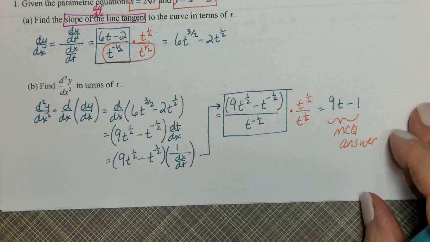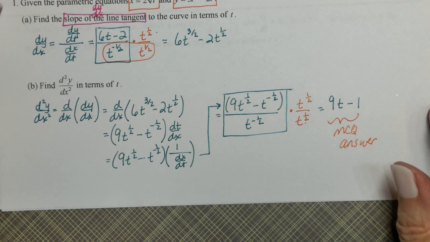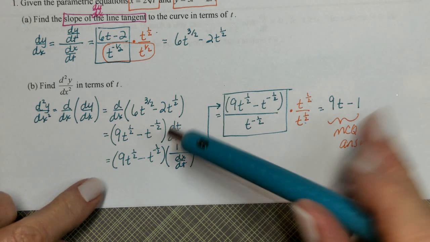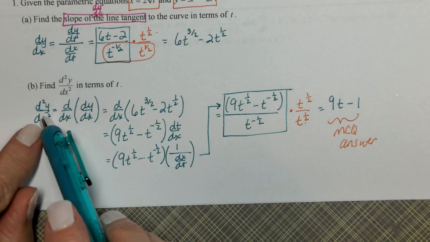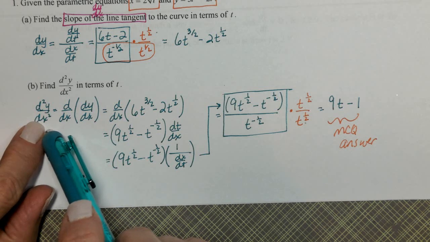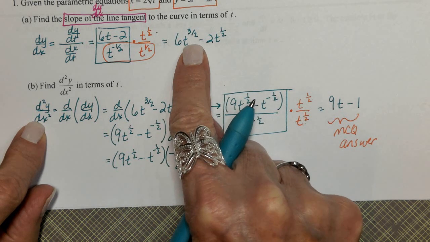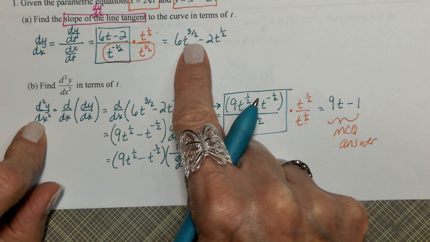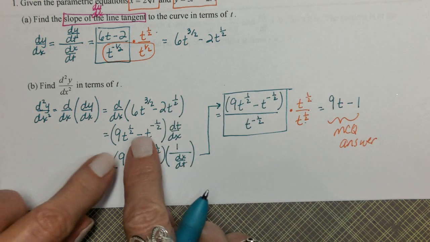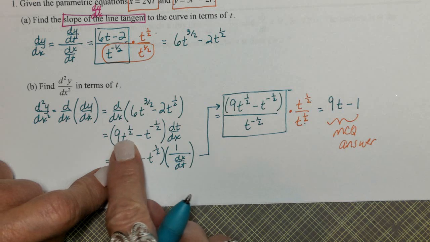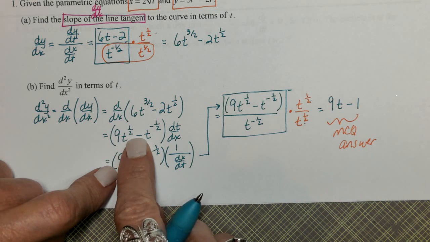Okay? A very common mistake I see students make is when they find the second derivative, all they do is take the derivative of the first derivative with respect to t. They just get this 9t to the 1/2 minus t to the negative 1/2 part.